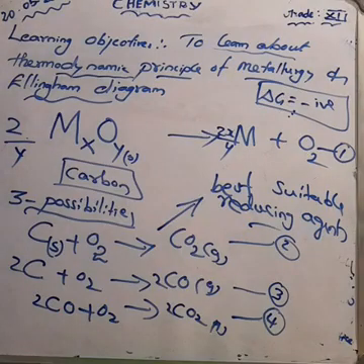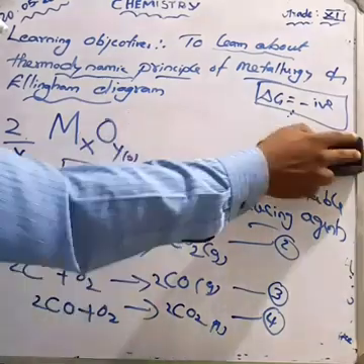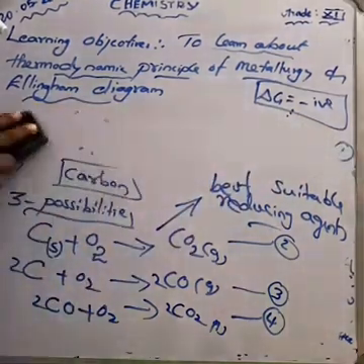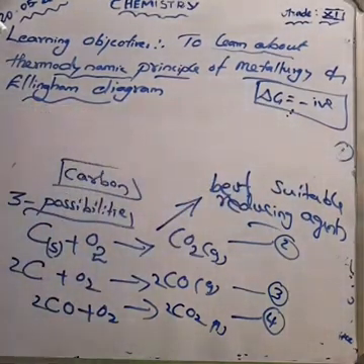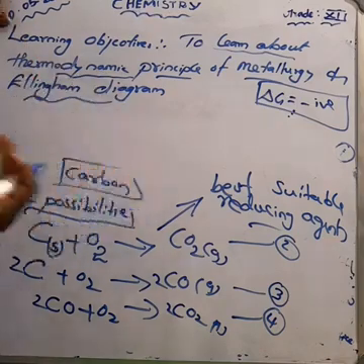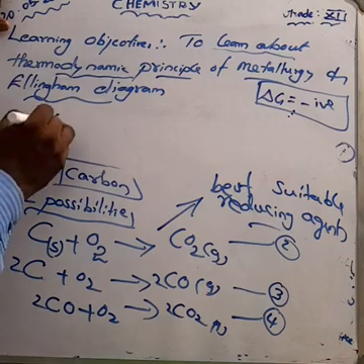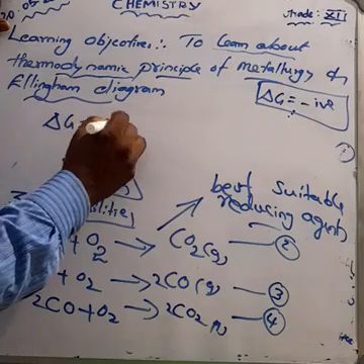This is a spontaneous reaction. We discussed the spontaneous reaction previously. What is a spontaneous reaction? A spontaneous reaction needs no one to induce it. The reaction proceeds of its own accord. So the change in free energy, that is delta G, should be negative.